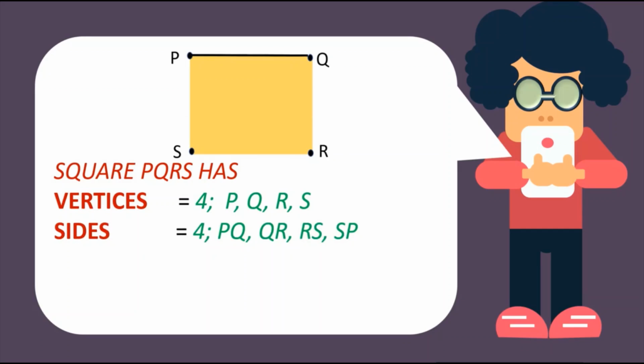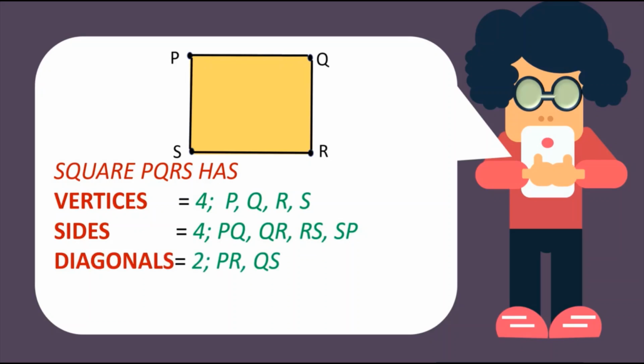They are PQ, QR, RS, SP. Diagonals, there are 2 diagonals and remember children, here the 2 diagonals are PR and QS.